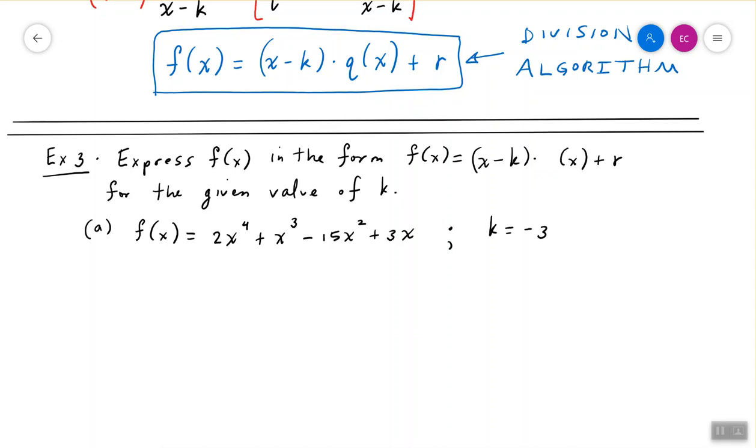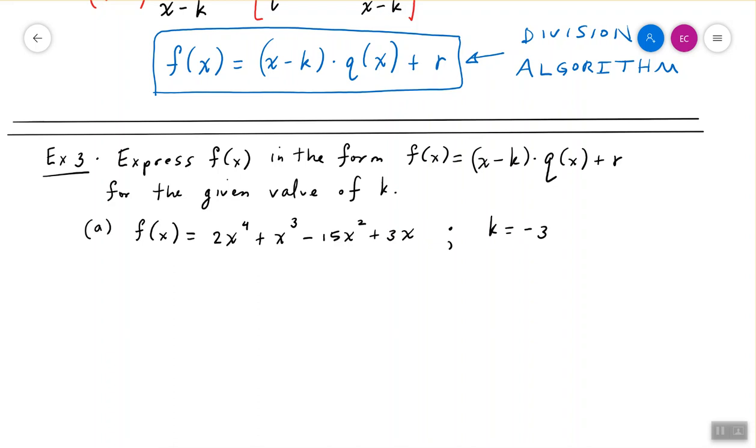I think I can fix it right now and we'll be okay. Express f of x in the form f of x equals x minus k times q of x plus r for the given value of k. So here's our polynomial f of x, and here is the value k equals -3.